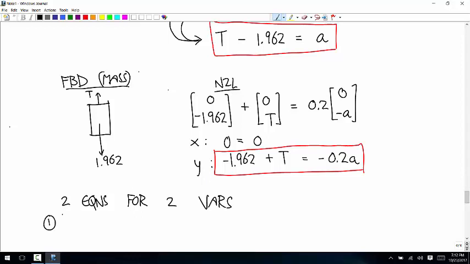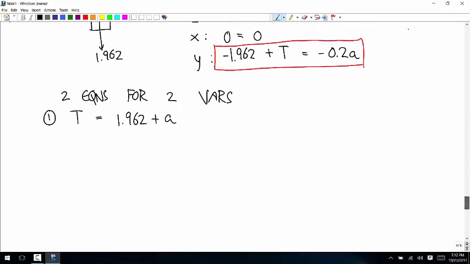The first one says, I guess I'll write it as T is equal to 1.962 plus a. And the second one says negative 1.962 plus T is equal to negative 0.2a. And so I'll substitute the first one into the second one.